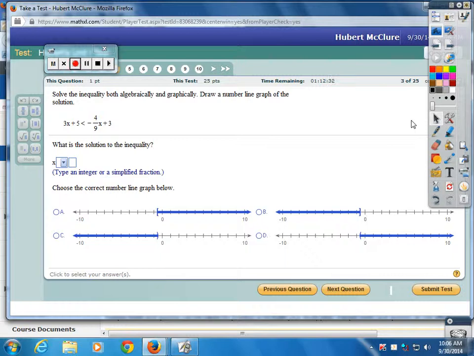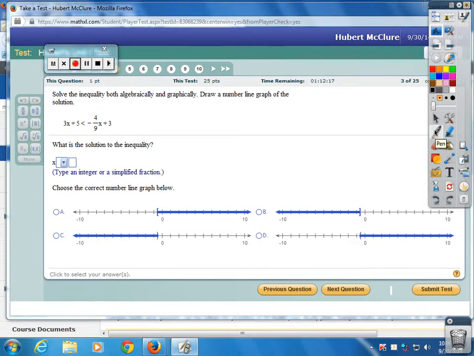What's all wrong now? We're doing that problem now. And to get you started, what am I going to multiply through by to clear everything?